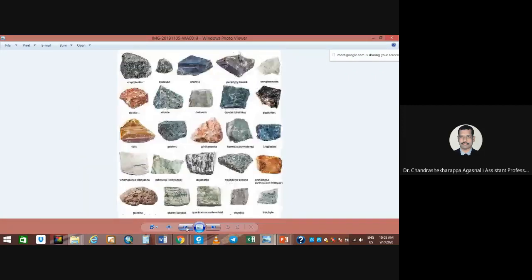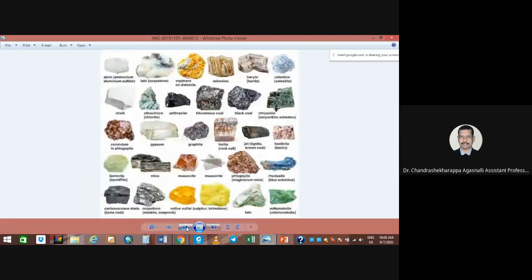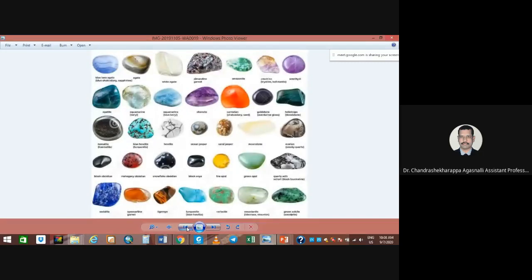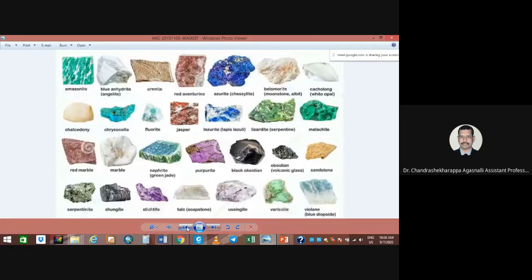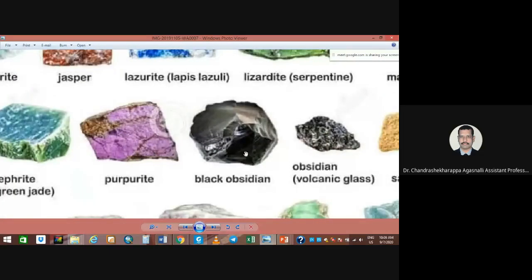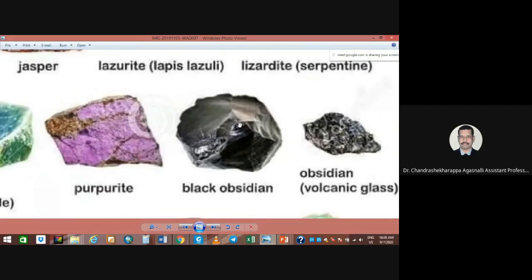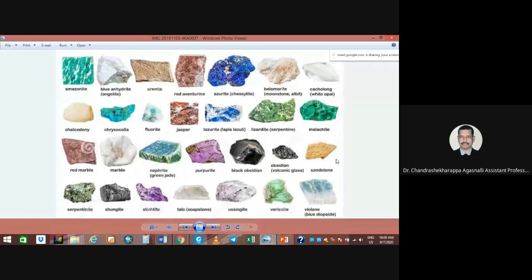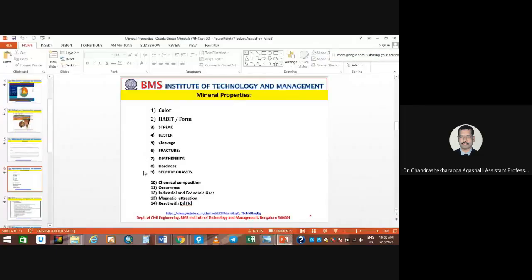Where are the minerals? Conchoidal fractures: that is how they look, a very curved structure. Okay, yes, here you can see this. See, when you break this mineral here, it's just like rings. That is how it forms. So that is the typical character of this fracture. Okay, even, uneven, and conchoidal fractures.